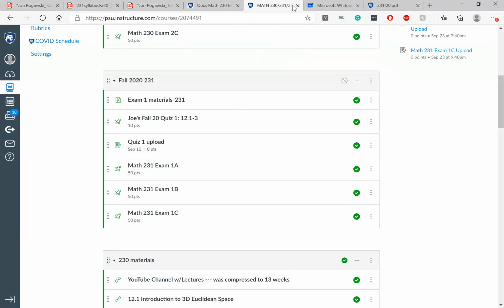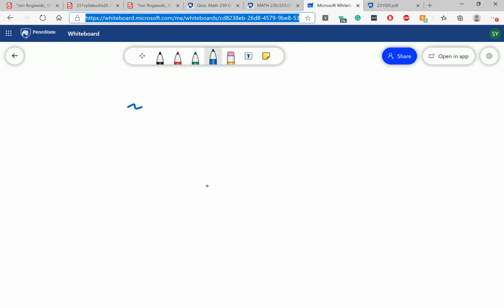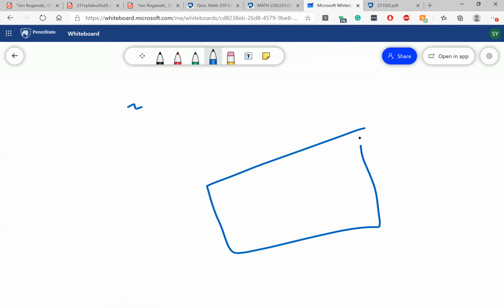So like I was saying, we have a line and a plane. So here's our plane, let's say, and here's our line. In order to make sure that they don't intersect, if the line is not parallel to the plane, they will intersect.